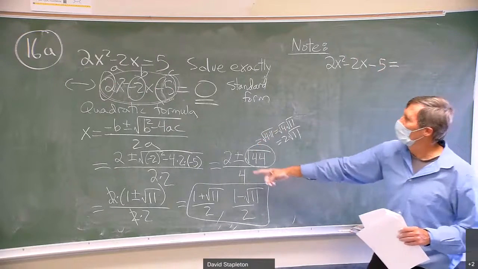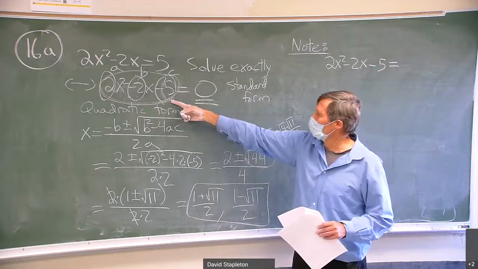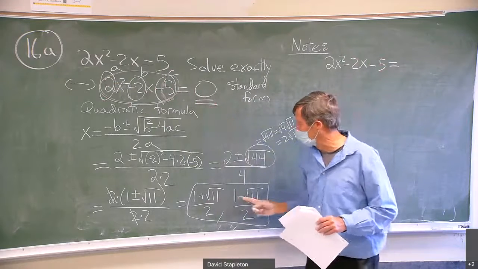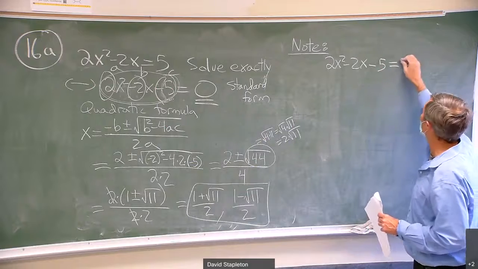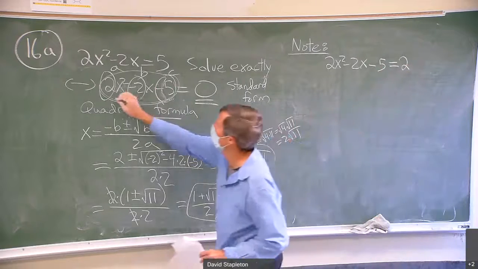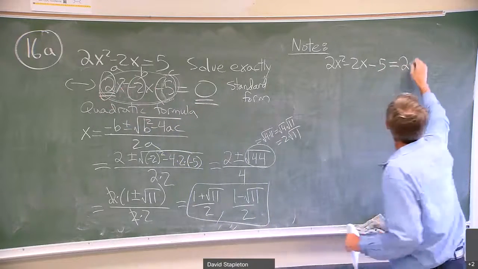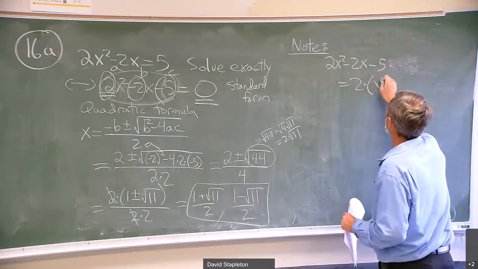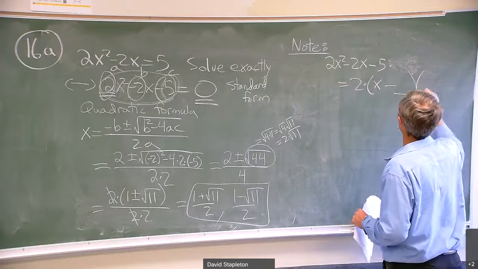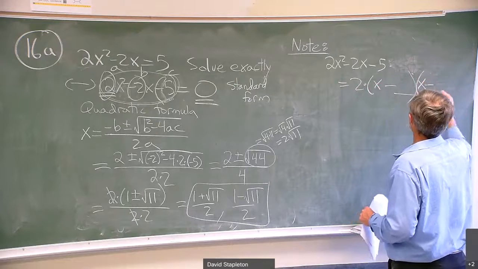Whenever I solve a quadratic polynomial equals 0 and get the solutions, the factoring would be the lead coefficient 2, this number, times x minus the first solution of the quadratic equation times x minus the second solution.